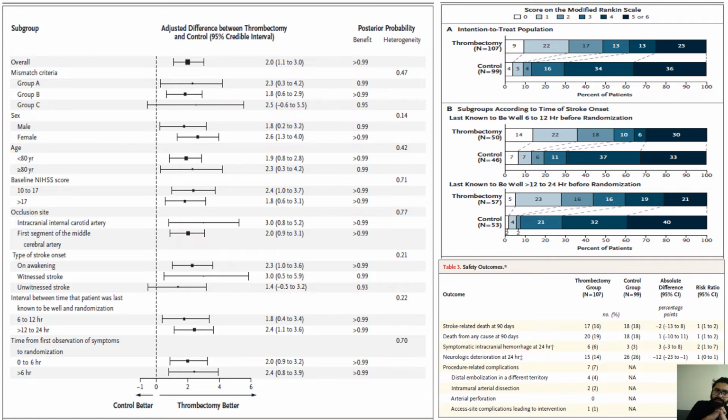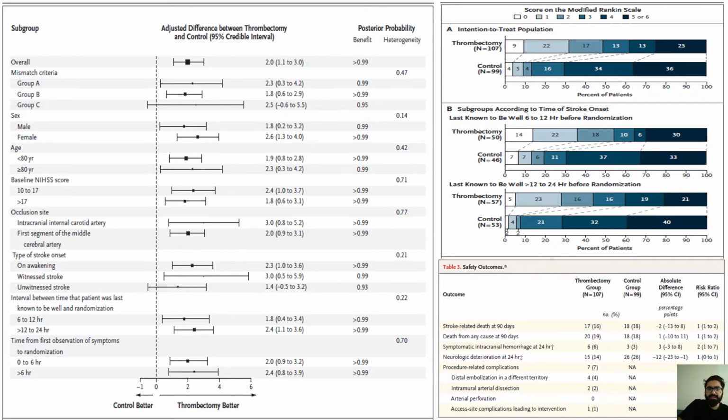And they compared these results with the mismatch criteria. Either the patients were randomized to group A, group B, or group C, all of them had a favorable outcome. Gender also did not have any bearing on the functional outcomes. Age either less than 80 or greater than 80 did not have much bearing.